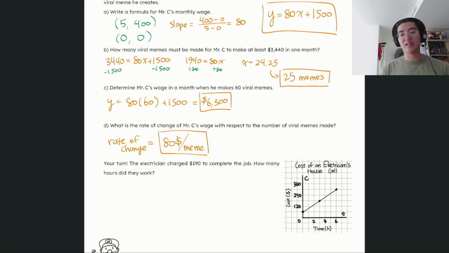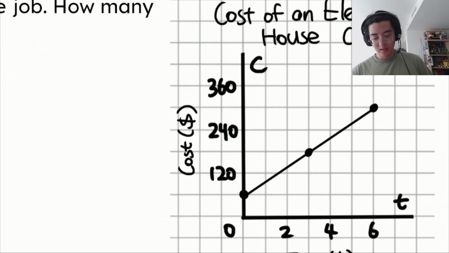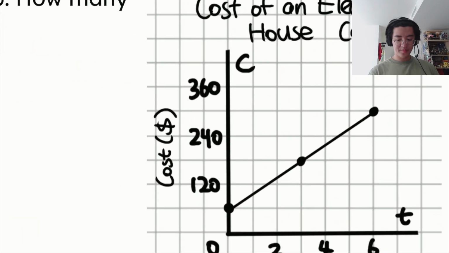Okay, so now let's try to figure out this question. We are given this graph here. An electrician charged 190 bucks for this job. How many hours did they work? As you can see in this graph, we're going up by 60 for each grid. So 190 will be somewhere around here-ish, but we don't know exactly where.